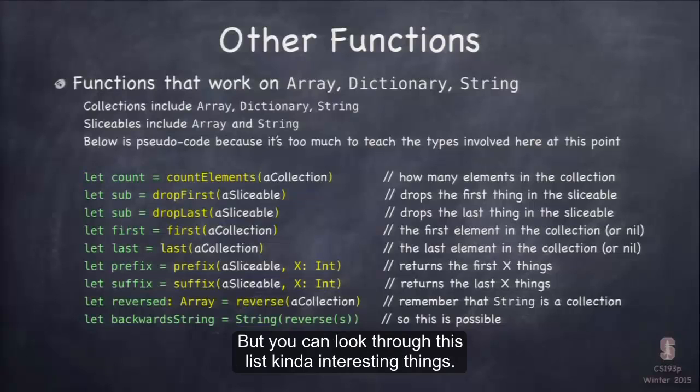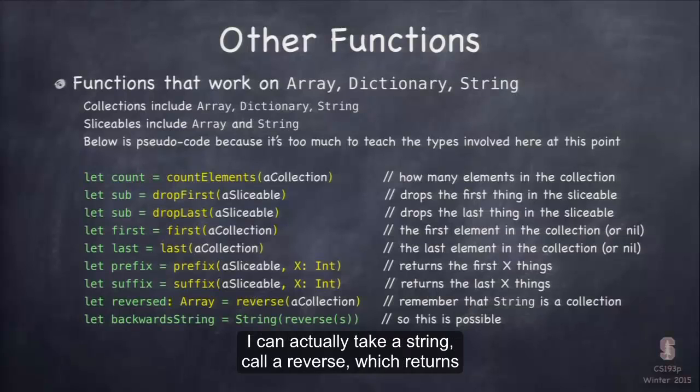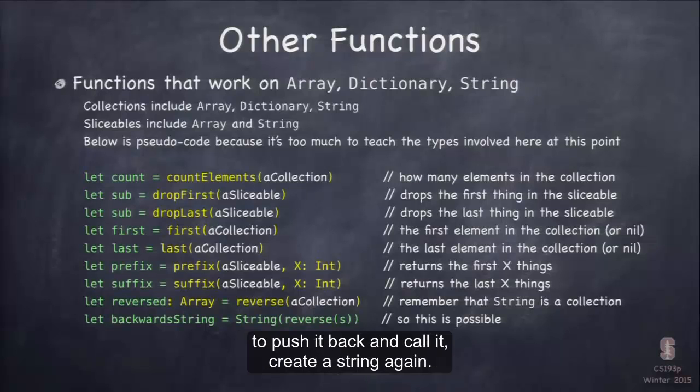But you can look through this list, kind of interesting things. I can combine it with the thing I was talking about at the end there, with the string, passing an array of characters. I can actually take a string, call reverse, which returns an array of the characters reversed, and then call string to push it back and create a string again.